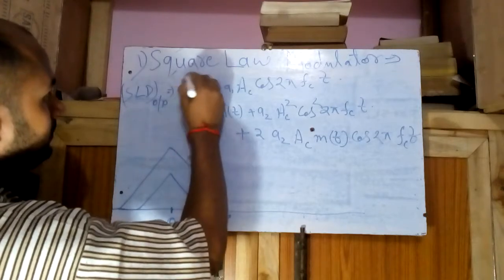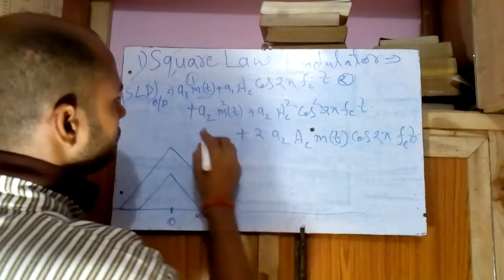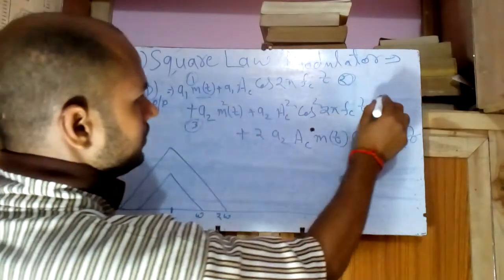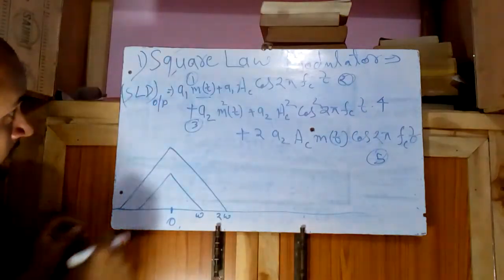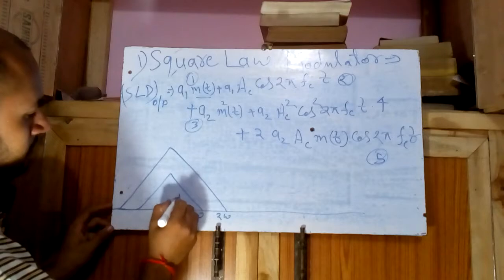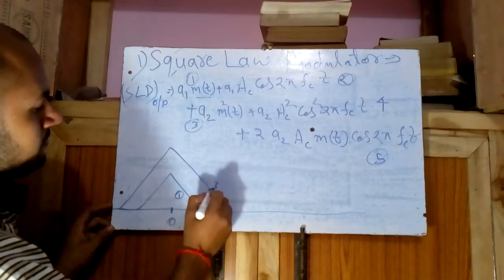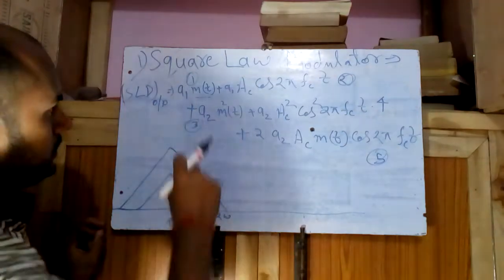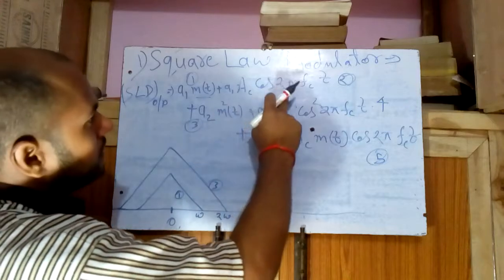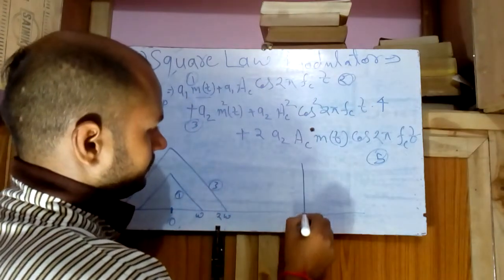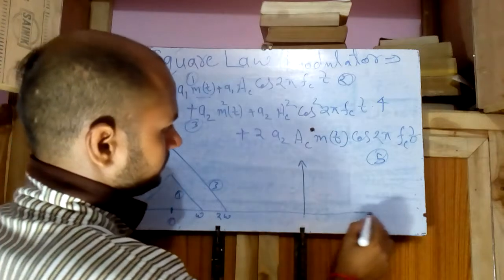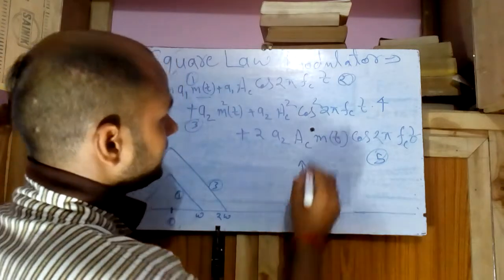Make it numbering 1, 2, 3, 4 and 5. So this is 1 and this is 3, right? Now what about 2? 2 is at FC. At FC. Right, it is 2.